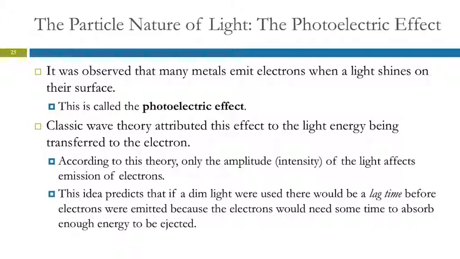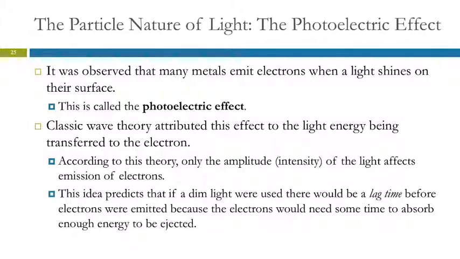Classic wave theory said, well, that's just because the light energy is being transferred to the electron, and once it gets enough energy from the light, then it will be ejected. So it's just depending on the amplitude or the intensity of the light. Higher intensity light, you're going to get more electrons.